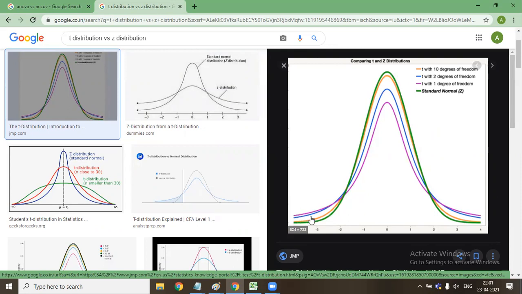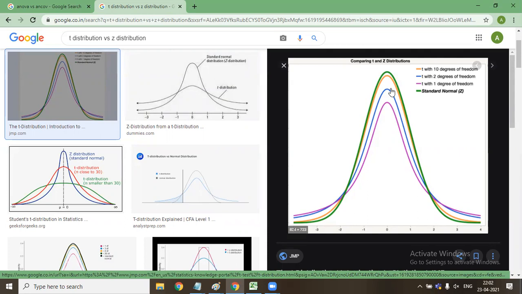But as the sample size keeps increasing, the T distribution will start following the Z distribution. Have you seen? When we say 10 degrees of freedom, it means 11 samples. You see when we have 3 samples, the line is blue.